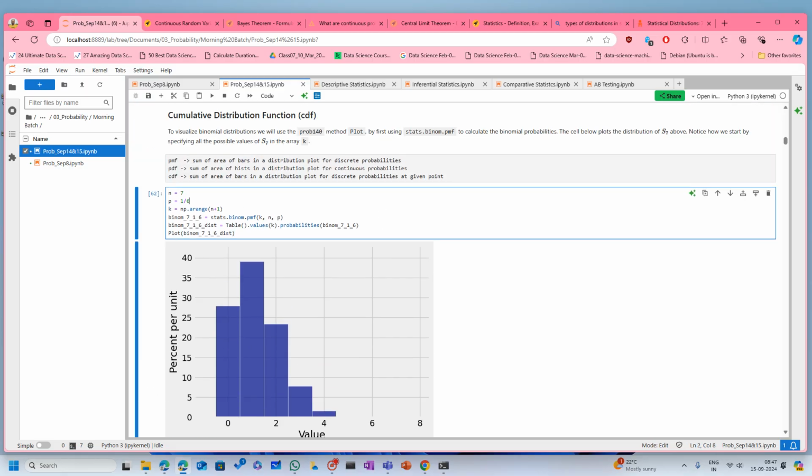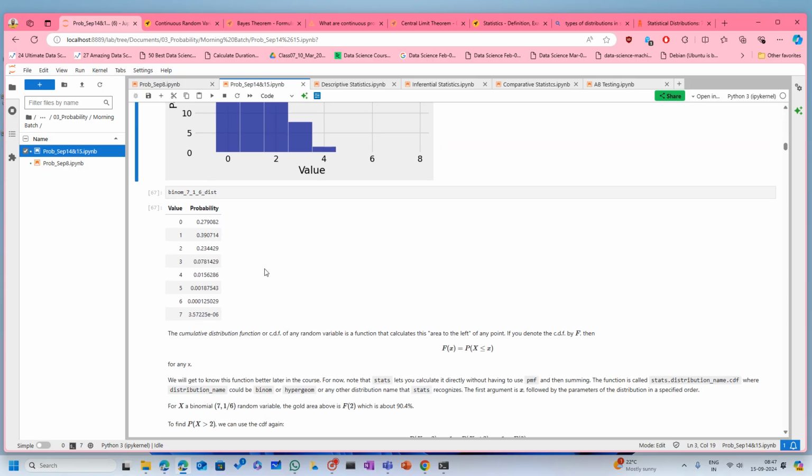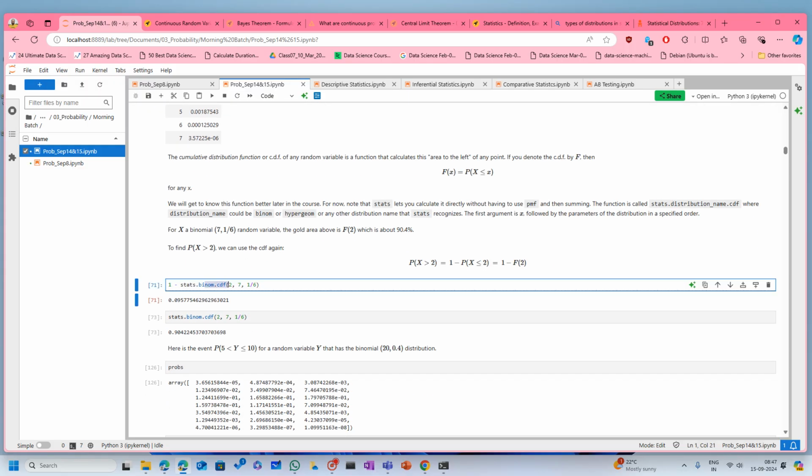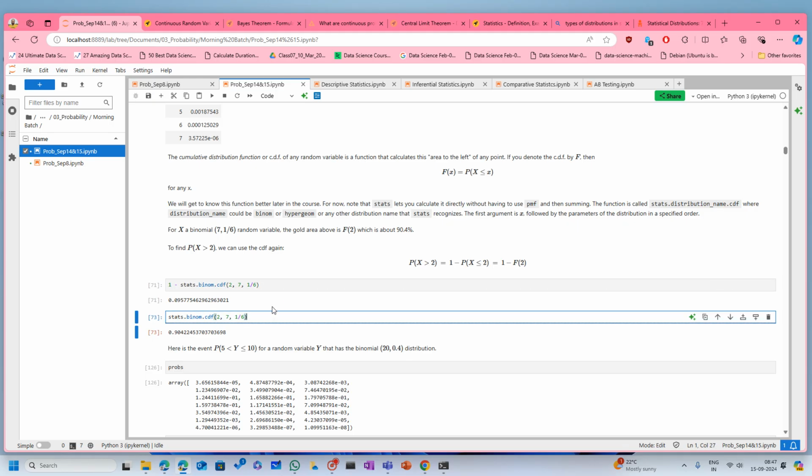So this is again PMF. For the cumulative distribution function, you also have CDF. So up until 2 points, if you want to calculate the cumulative distribution function for repeatedly getting a certain side, it could be 1, 2, 3, 4, whatever it is, 2 times out of 7 times, that you can calculate. You can make use of the direct function, you will get the values. Is this understood?